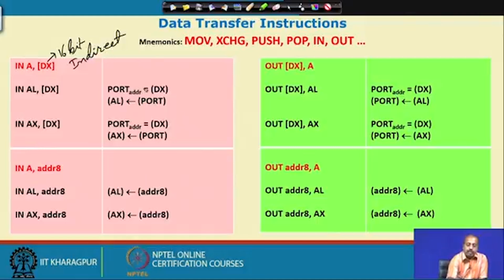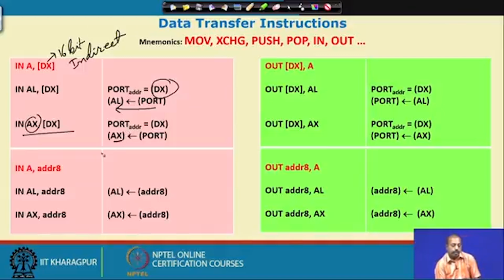The DX value will be put onto the address bus as the port address, and the content of that particular port will come to the AL register. And since the destination here is AX, the port is taken to be 16 bit. So it is expected that on getting the DX value onto the address bus, the port will get selected, and this 16 bit port value will come to the AX register.